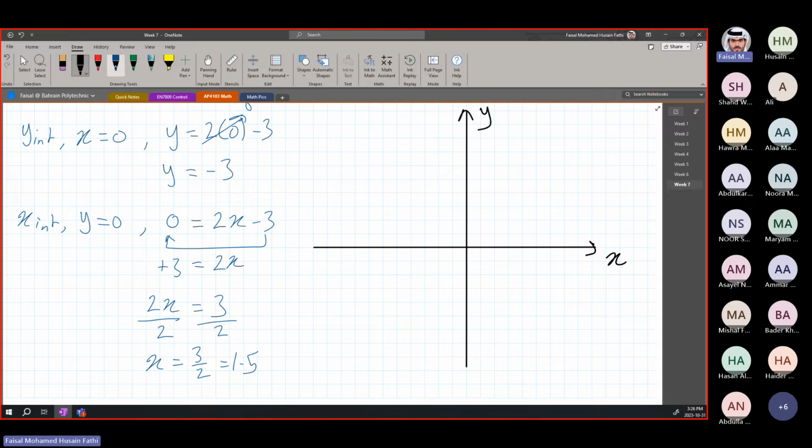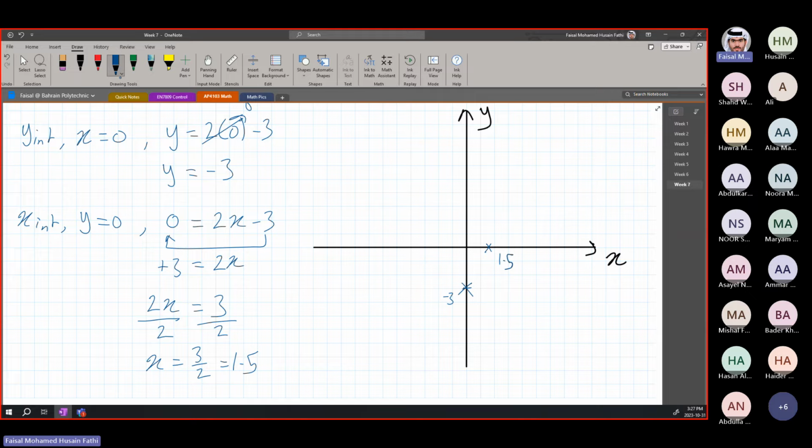So to plot this, we need only 2 points, which is the y-intercept, minus 3. So 1, 2, 3, minus 3. This is our first point. X is 1.5, so this is 1, say approximately here is 1.5. Okay.